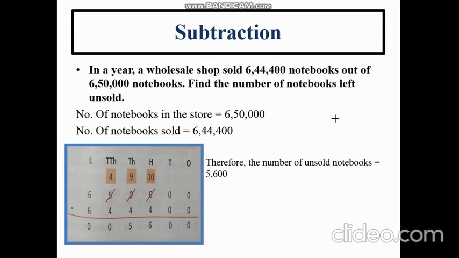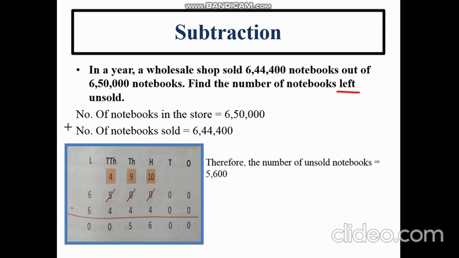So here what is the keyword? Keyword is left. Other keywords for subtraction are less, lessen, decrease or withdraw. In subtraction, you need to remember that always the larger number will be written first and then we have to subtract the smaller number.